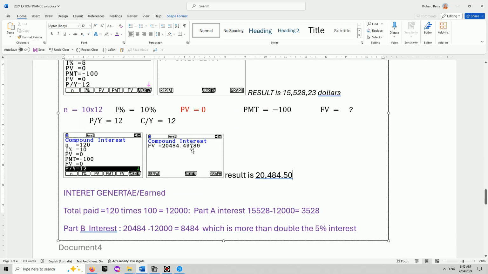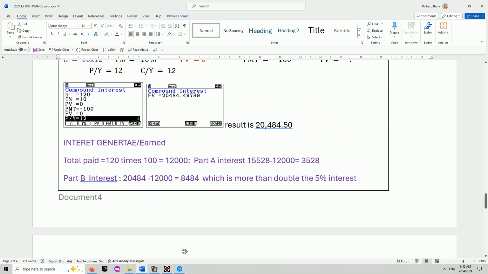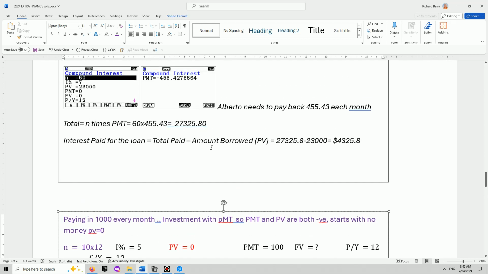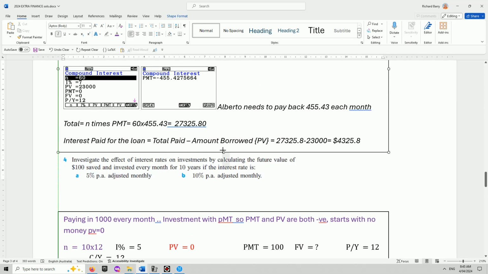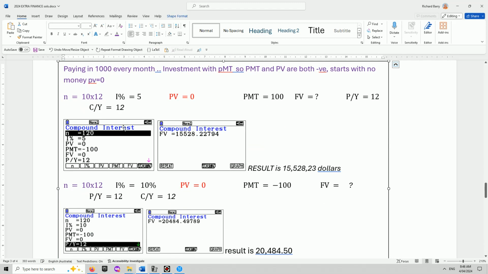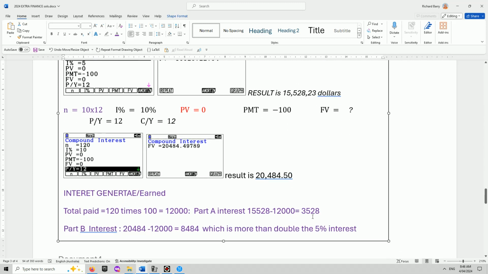Somewhere I've lost the question. Alright, so I'll just have to fix that part up. Okay, so for a question like this, typical in year 12 where you do pretty well the same numbers and adjust one thing and see what the effect is, I doubled the interest rate and more than doubled the amount of interest earned.